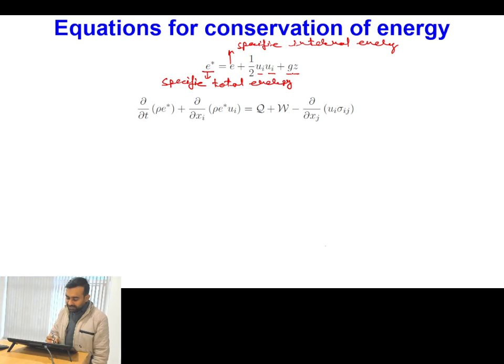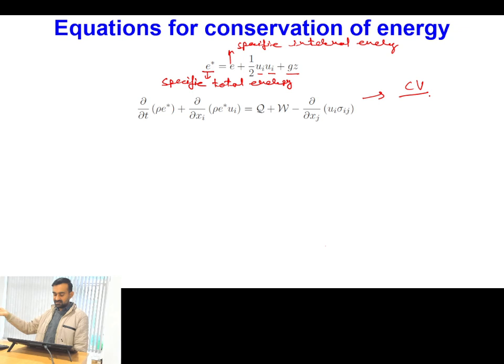Then we define the energy equation for a control volume in thermodynamics, or for an open system. How do we define it? Del by del t of rho E star, which is the rate of change of energy within the control volume, plus del by del xi of rho E star into Ui, which is inflow and outflow of the energy across the boundaries of the control volume.